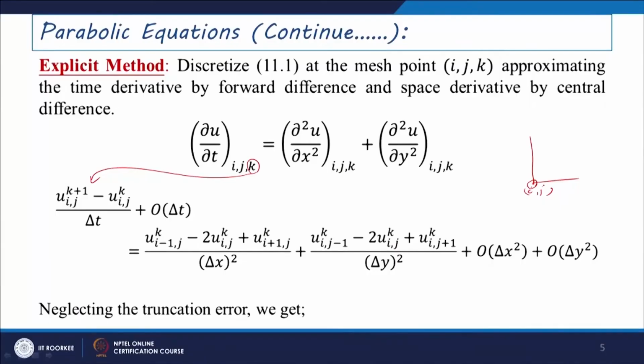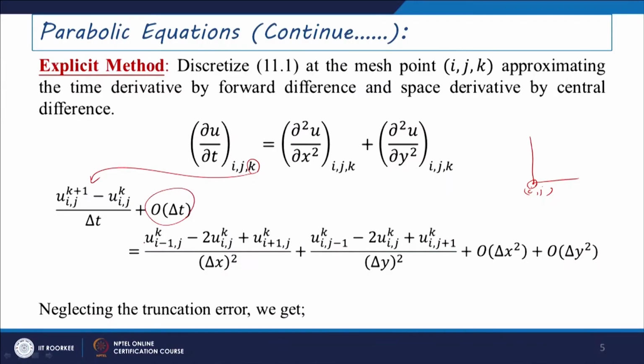That is why it is written as u i j to the power k plus 1 minus u i j to the power k by del t. The order of approximation we have already discussed: it is order of del t, first order approximation, since we are considering the forward difference approximation.